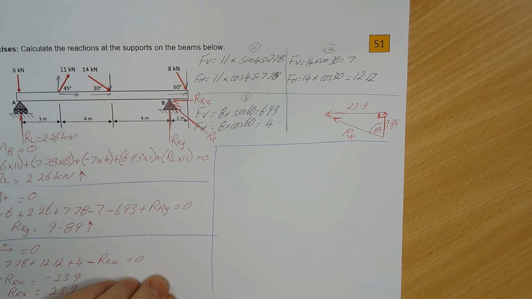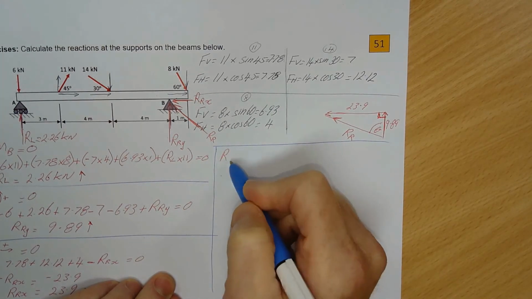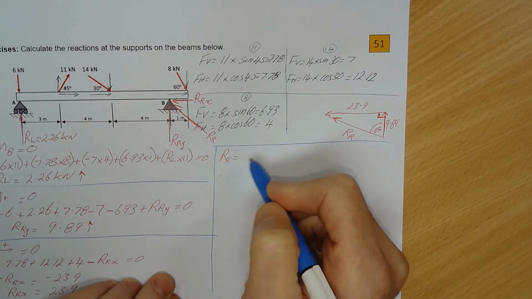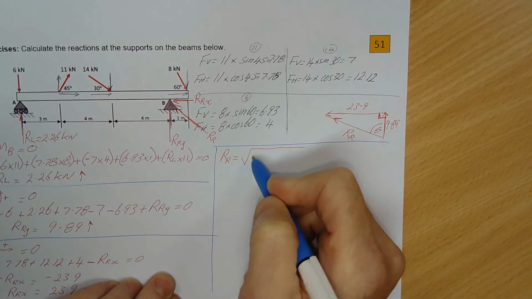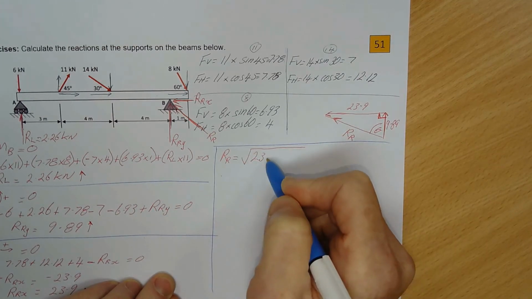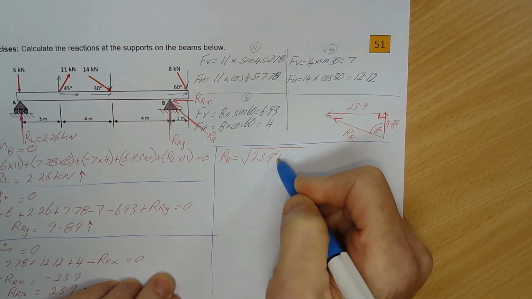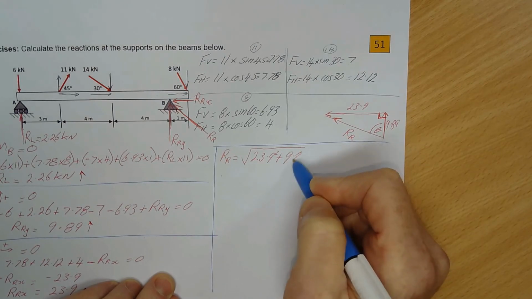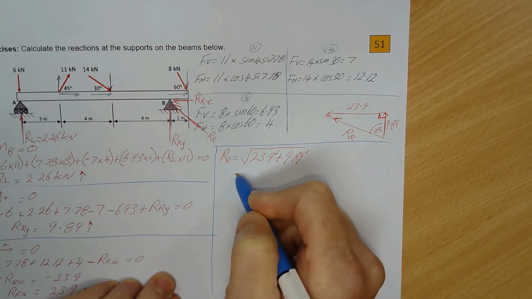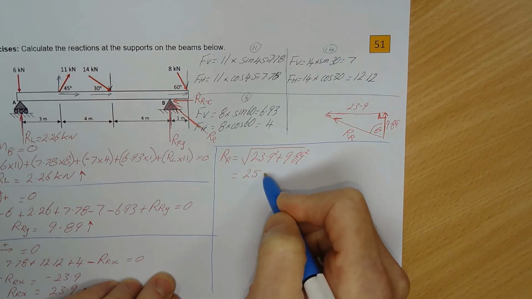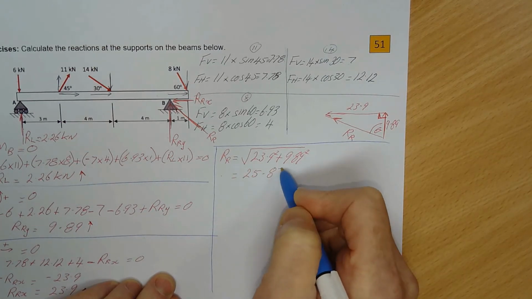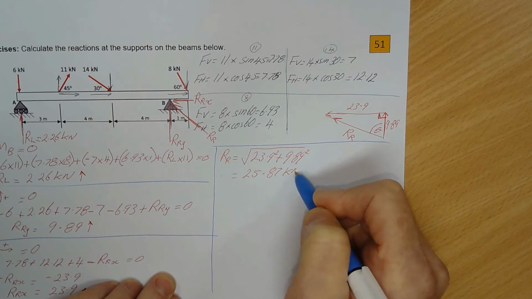So using a squared plus b squared equals c squared, we can say RR is equal to square root of 23.9 squared plus 9.89 squared gives me a value of 25.87 kilonewtons.